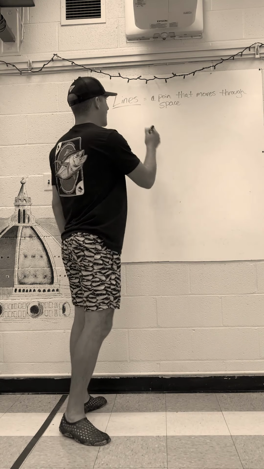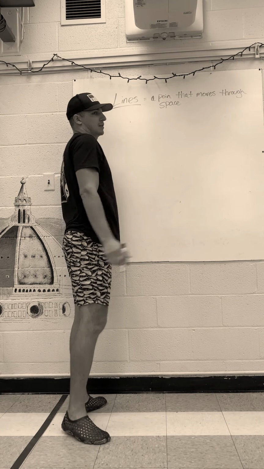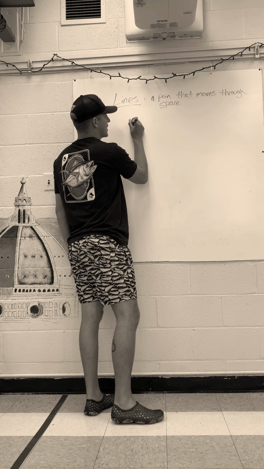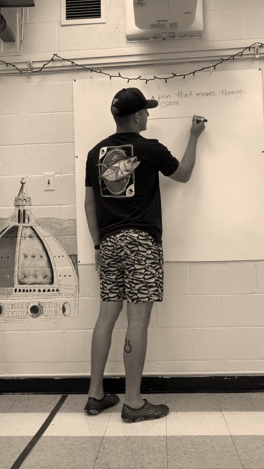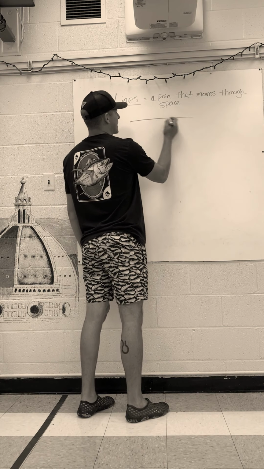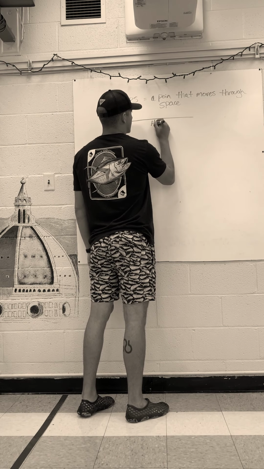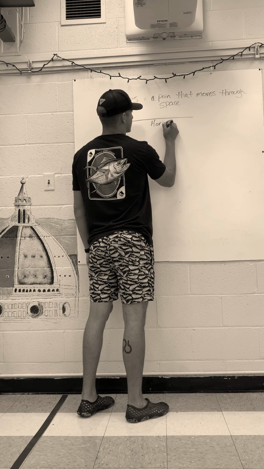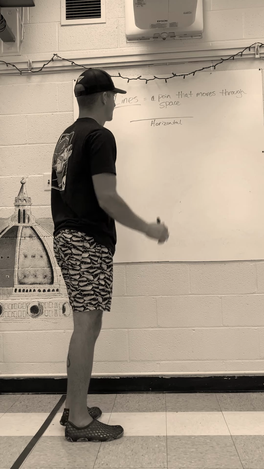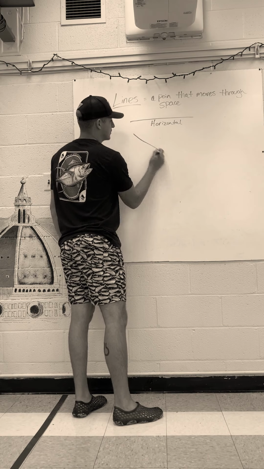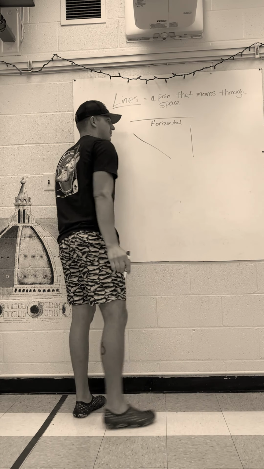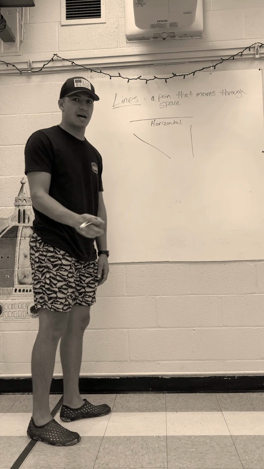If I have a dot here, it's just a dot. But if that dot was to move, let's say, this way, then you have your line. So this line right here, horizontal line, you have your diagonal, your vertical, and then there's also different variations of lines.